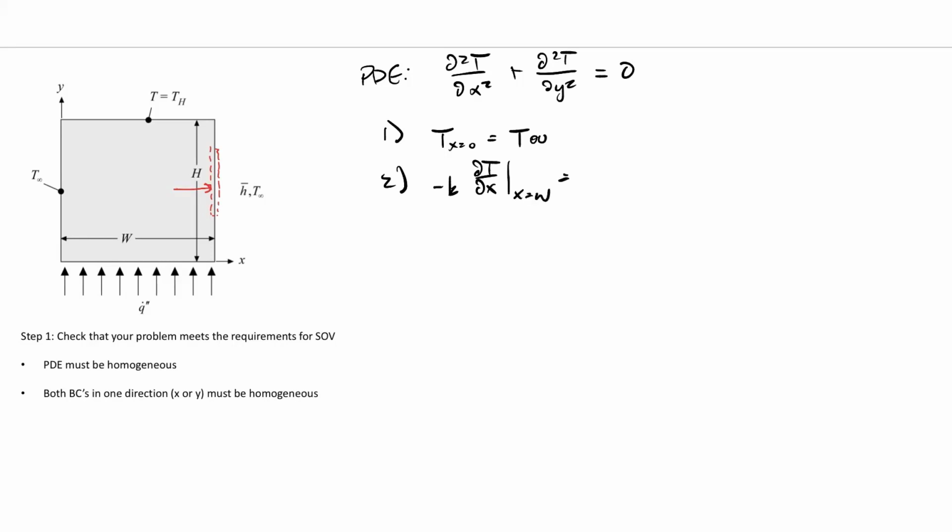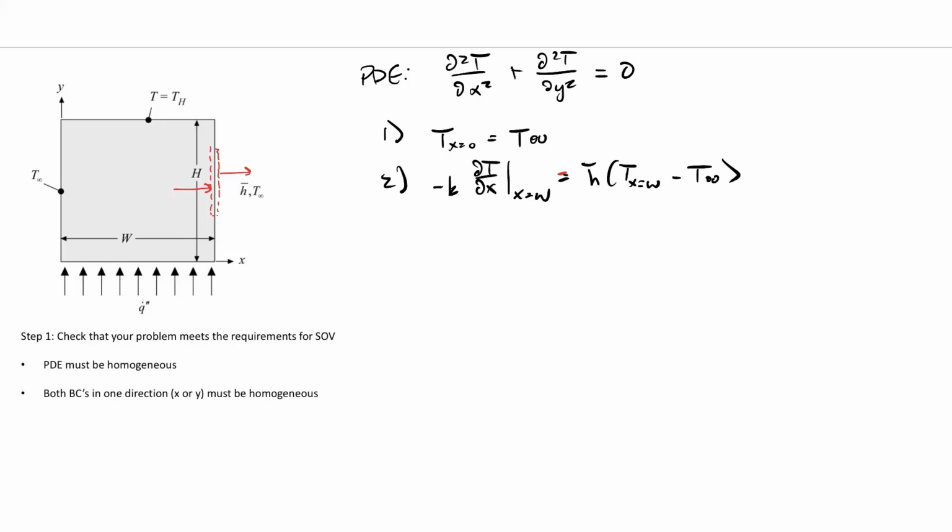And what's happening on the right side? Again, let's be careful how we draw our arrows here. We have something coming into the surface on one side. Just a few atoms to the right, we have something else happening. That's convection. So on the right-hand side, we have h bar times the temperature at x equals w minus the convection temperature to the surroundings, T infinity. That's our second boundary condition.